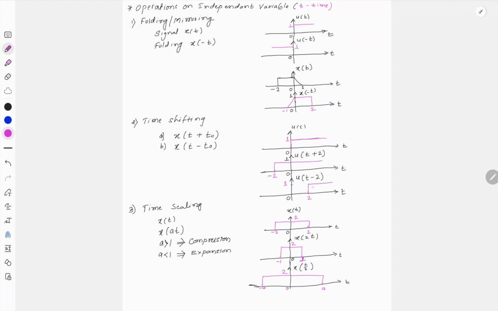Amplitude doesn't have any impact. And in the third operation we have time scaling. So if the scaling factor, here it is 2, is multiplied with time, divide the axis by that factor. Here it is t by 2, so t is divided, so do the vice versa operation. Here it is division, so multiply the time coordinates by the factor 2. So in this way we have completed operations on signals for the independent variable, that is time.